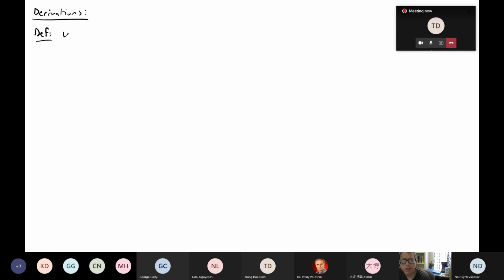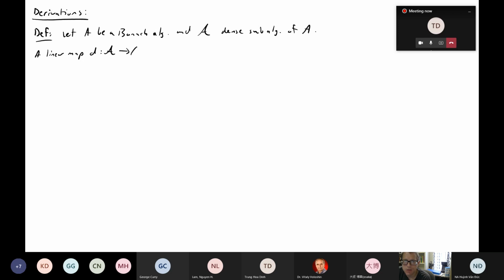So let A be a Banach algebra again, and script A is going to be a dense subalgebra of A. A linear map D, taking my script A to A, is called a derivation if it satisfies the Leibniz rule.